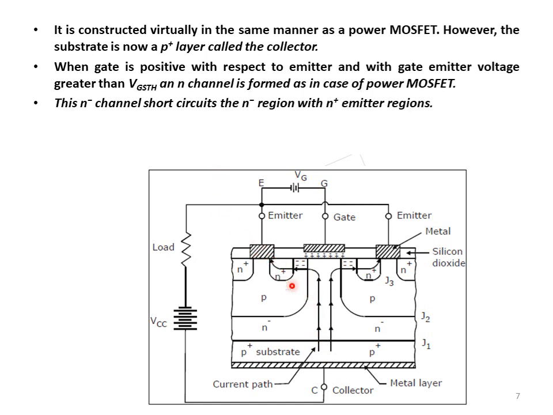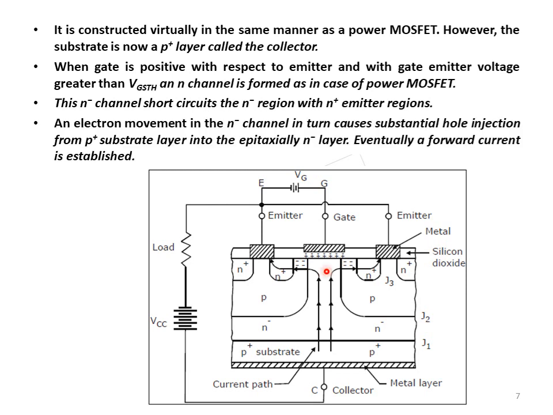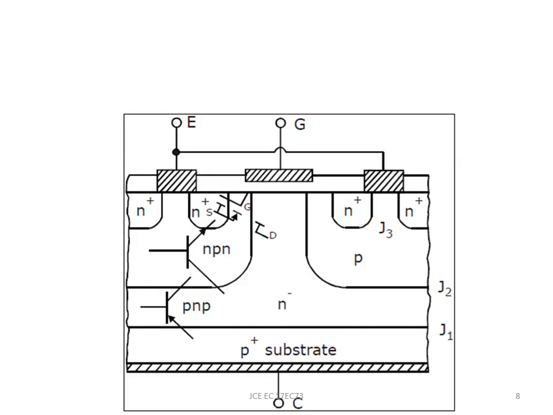The N channel short circuits the N minus region with the N plus region. You can see this, right? So here also and here also. And electron movement in the N channel, that is happening here, will in turn cause substantial hole injection from the P plus substrate layer into the epitaxial N minus layer here. Eventually, a forward current is established. So this is how your IGBT works.